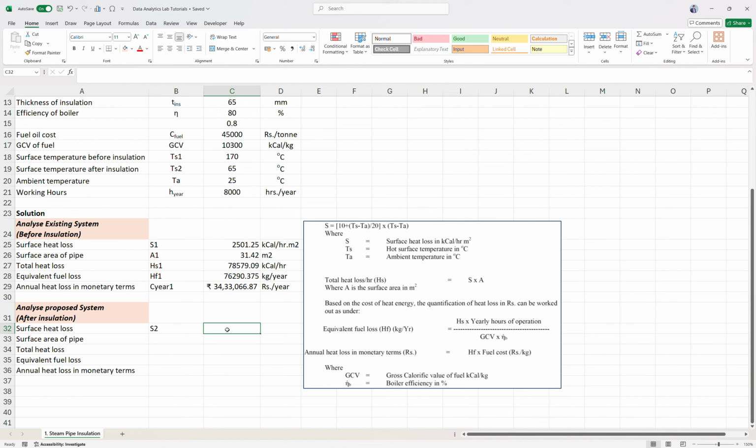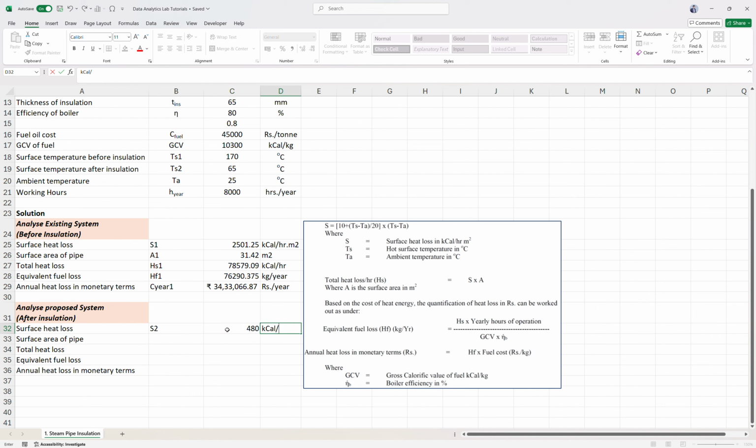S2 will be equal to 10 plus TS2 minus TA upon 20 into TS2 minus TA. So equal to 10 plus TS2 minus TA upon 20, close the numerator total bracket, into again TS2 minus TA, tab.